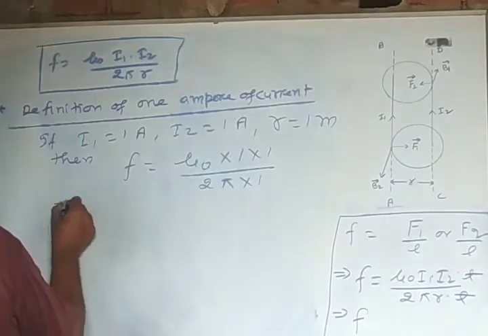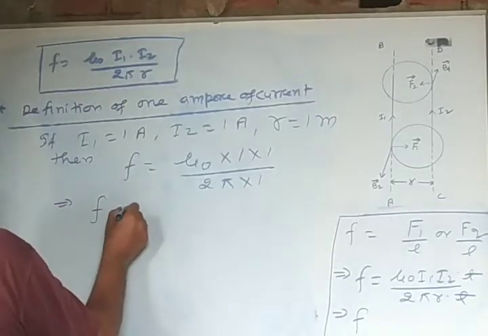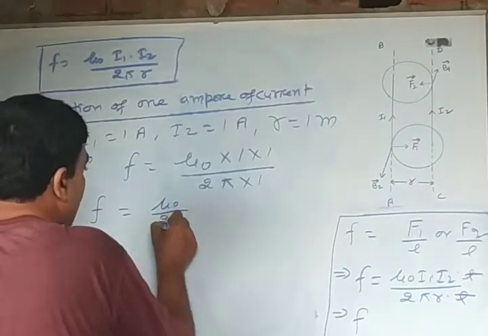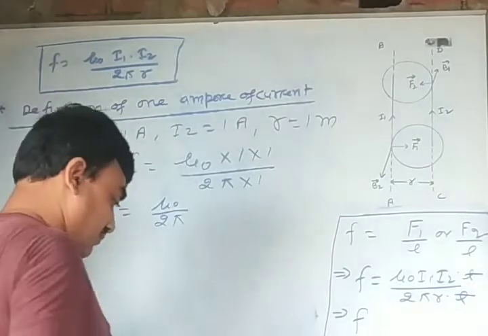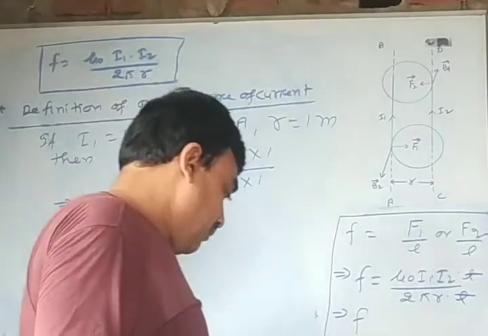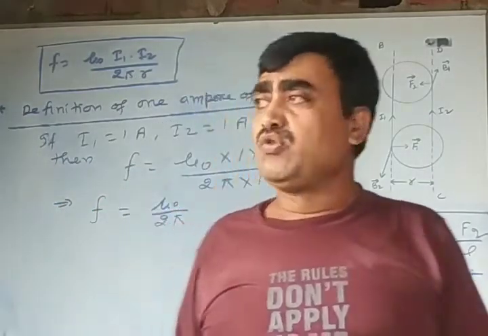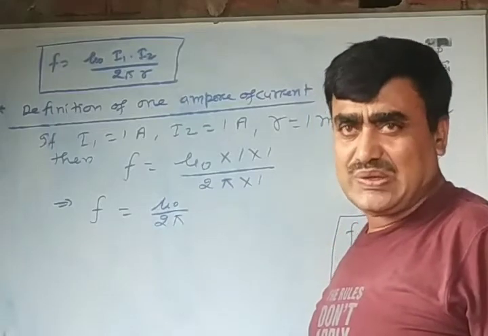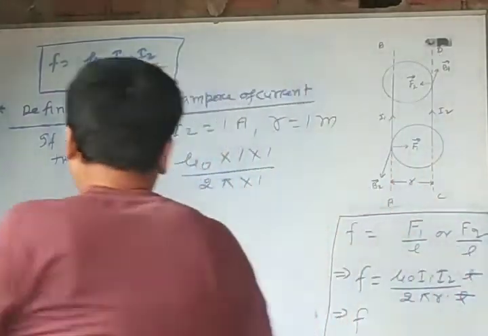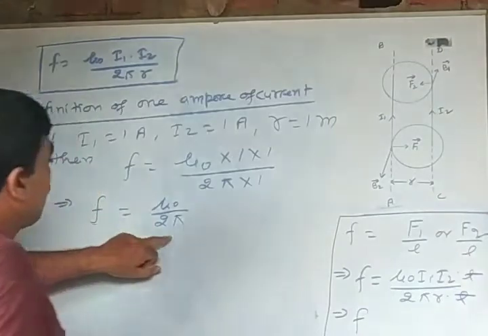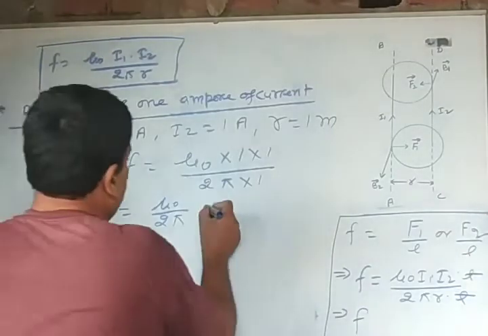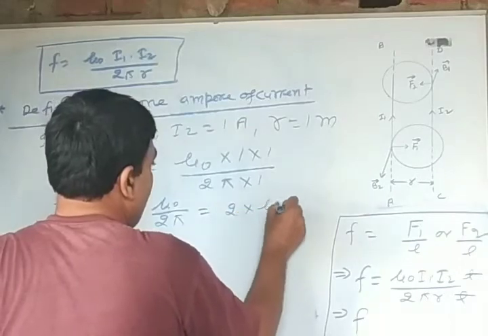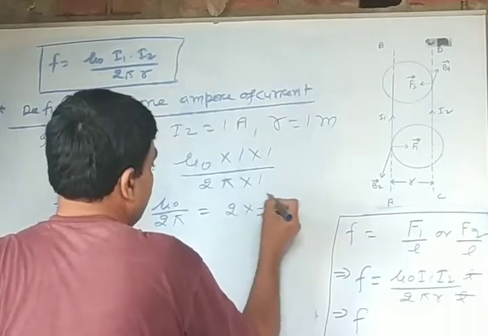This shows that F is equal to mu naught upon 2 pi. The numerical value of mu naught upon 2 pi can also be written as 2 into mu naught upon 4 pi.